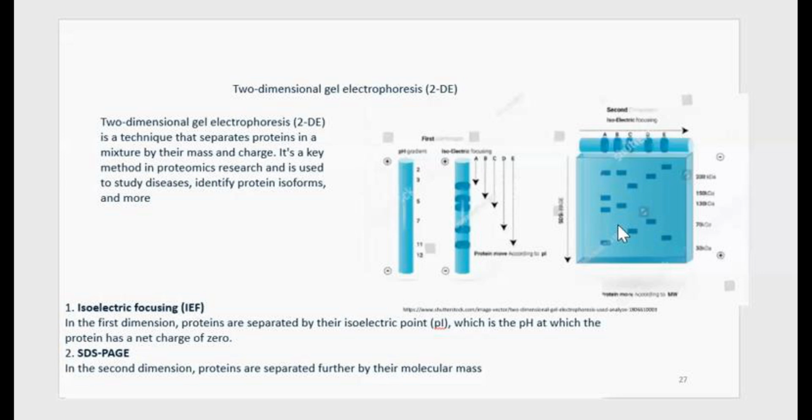When we talk about this isoelectric focusing gel, it is first washed with fixing solution, and the fixing solution is nothing but 10% trichloroacetic acid. Because of the acid, the proteins will get precipitated in the gel, and most of the ampholytes will get washed out. The smaller ampholytes, those which are used to create the gradient, will get washed out.